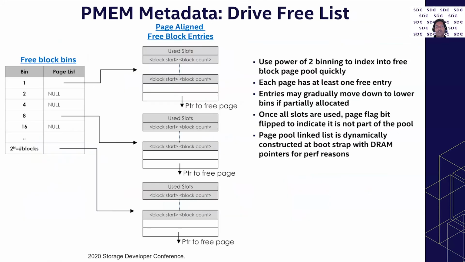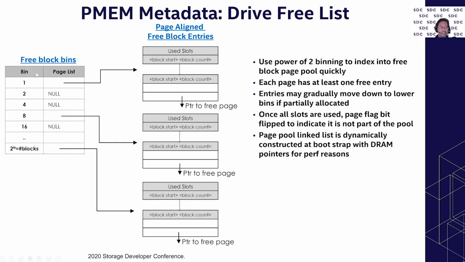Now, for us to do the write into the NVMe SSD, we have to figure out which sectors or blocks inside the drive are available, not used up, for new writes, or even for updates that extend beyond the existing allocated range. We use a very simple high performance lookup table based on power of 2 binning, which is on the left-hand side.